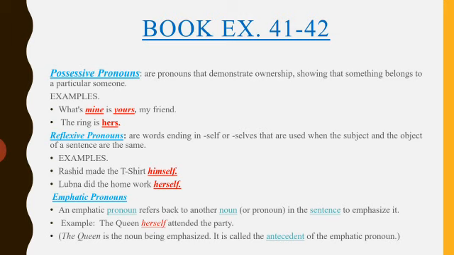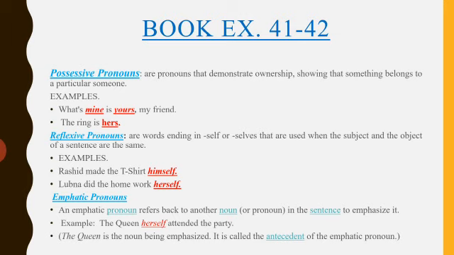Again, himself and Rashid are the same person, and Lubna and herself are also the same person. That is why we call it the reflexive pronoun, because it reflects to the noun. So that is the reflexive pronoun.